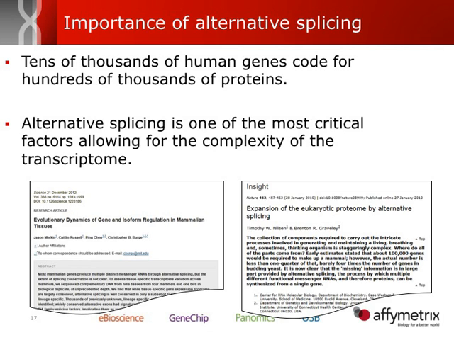And the main factor that contributes to this is alternative splicing. And we're seeing more and more publications coming out that alternative splicing is one of the most critical factors when you're looking at the complexity of the human transcriptome. So it's really important not only to look at the gene-level differences, but also the exon-level differences so that we can see these alternative splicing events.